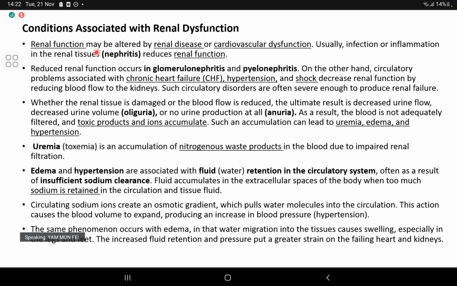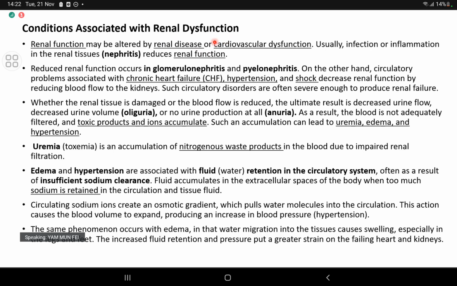How about renal function? What are the conditions associated with renal function? Just now I mentioned, isn't it? Nephritis is one of the main contributors to renal failure. Your renal function will be altered by your renal disease and or your cardiovascular dysfunction.